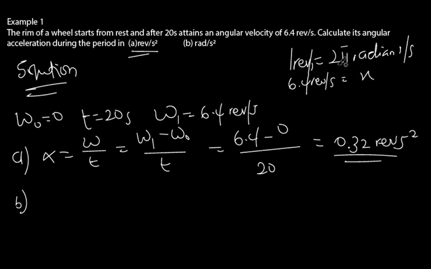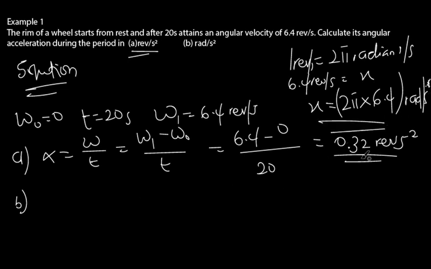If we cross multiply, our angular velocity in radians per second will be 2 pi times 6.4. So this will be our angular velocity in this example.